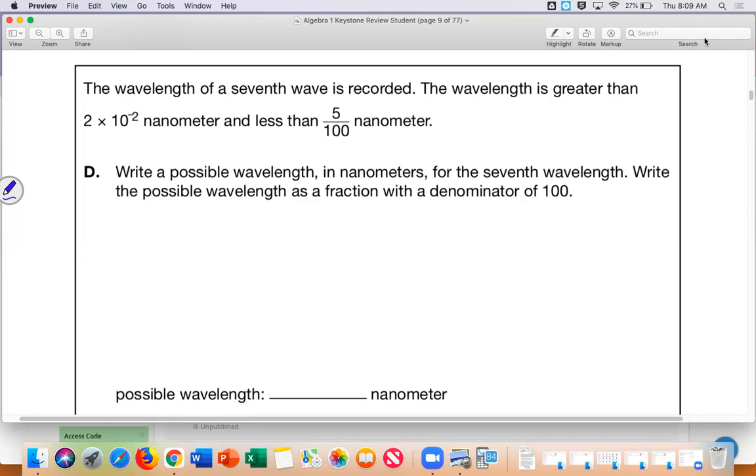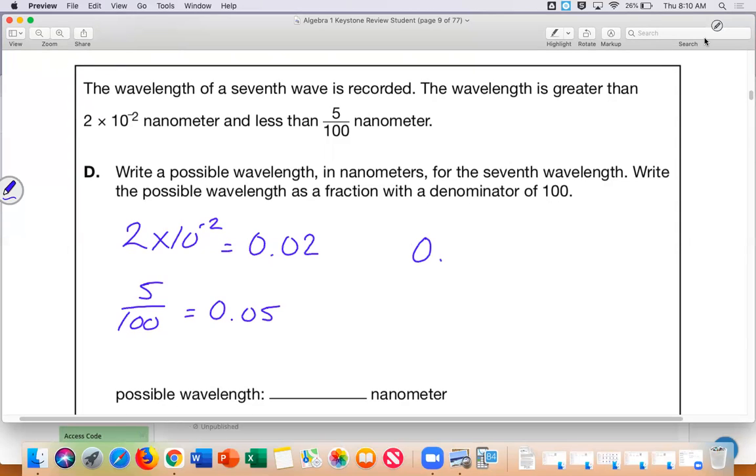Okay. First off, 2 times 10 to the negative second was what, Neve? Was 0.02. 5 over 100 was equal to 0.05. Correct? Okay.